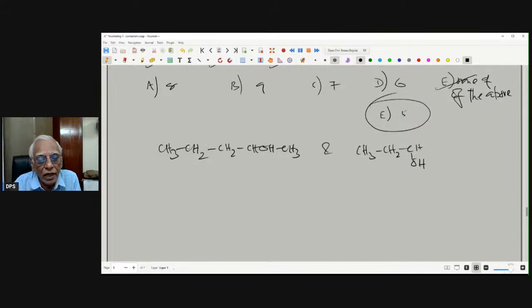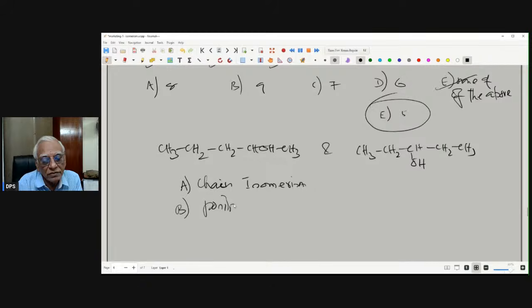How many carbon atoms? 5 carbon atoms, 1, 2, 3, 4, CH2 and CH3. Whether this is going to belong to chain isomerism. If you have understood today's class, you should be able to write chain isomerism. Or does it belong to position isomerism, C. metamerism, D. functional isomerism?